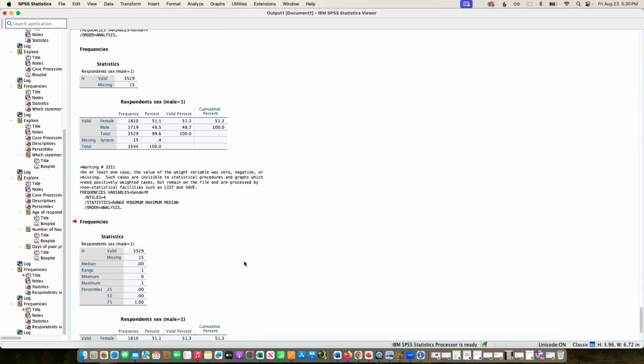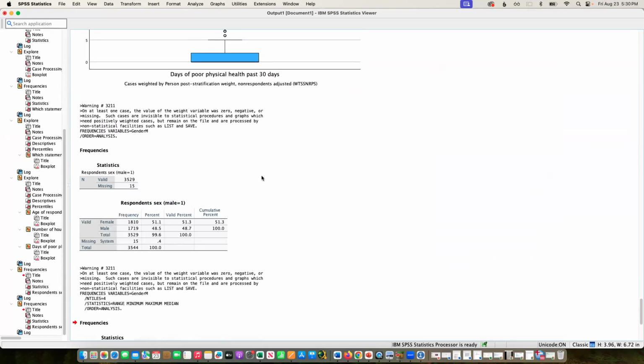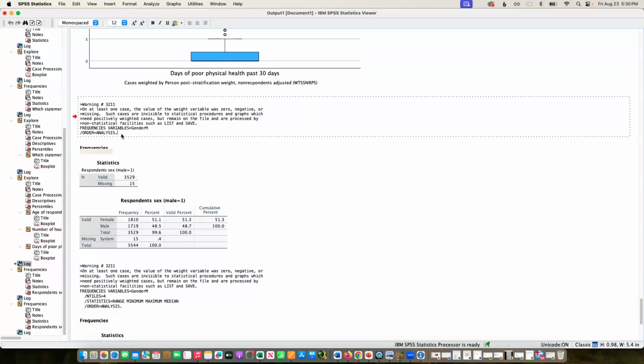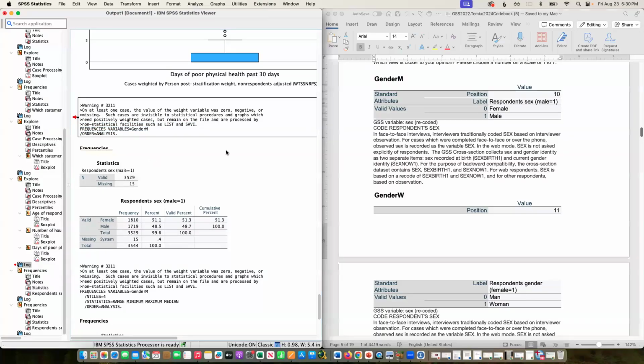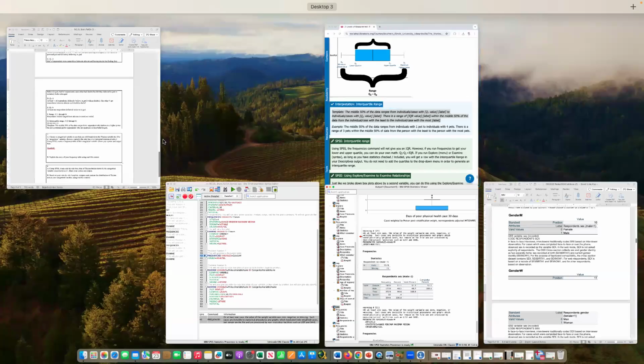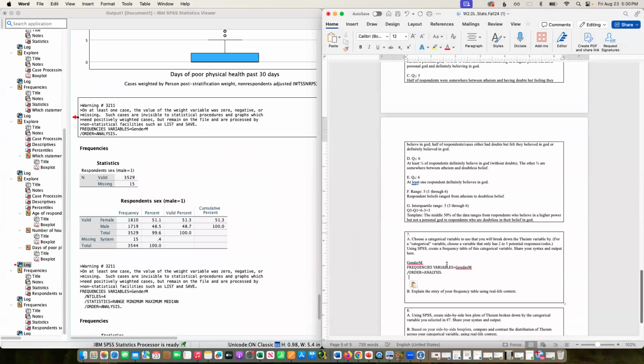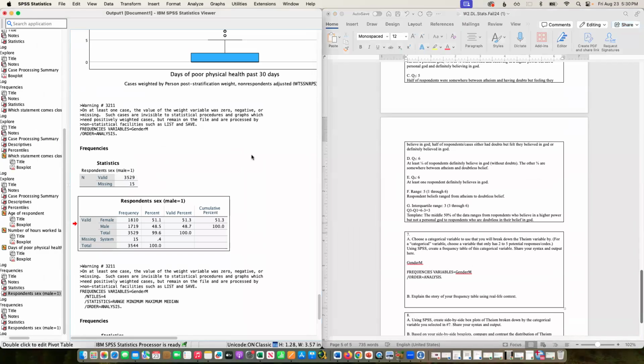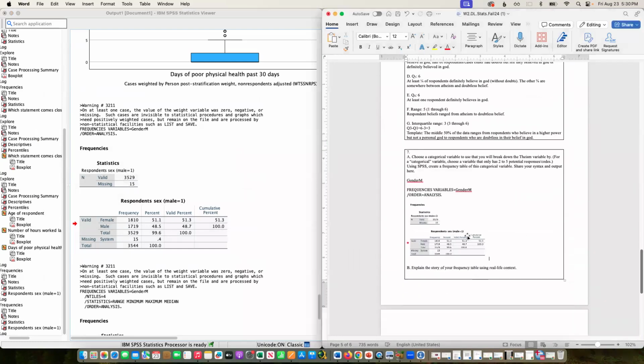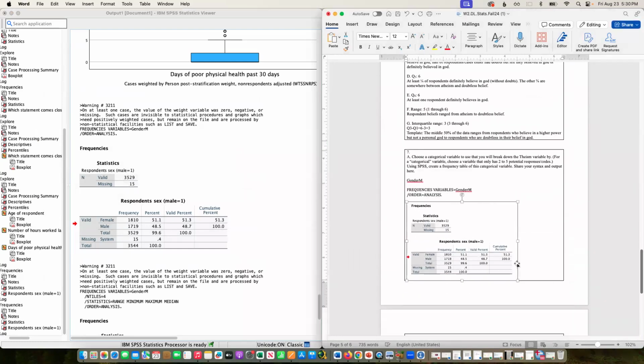So here's my frequency table. I want to include both my syntax and my output. And then it says, explain the story of your frequency table.